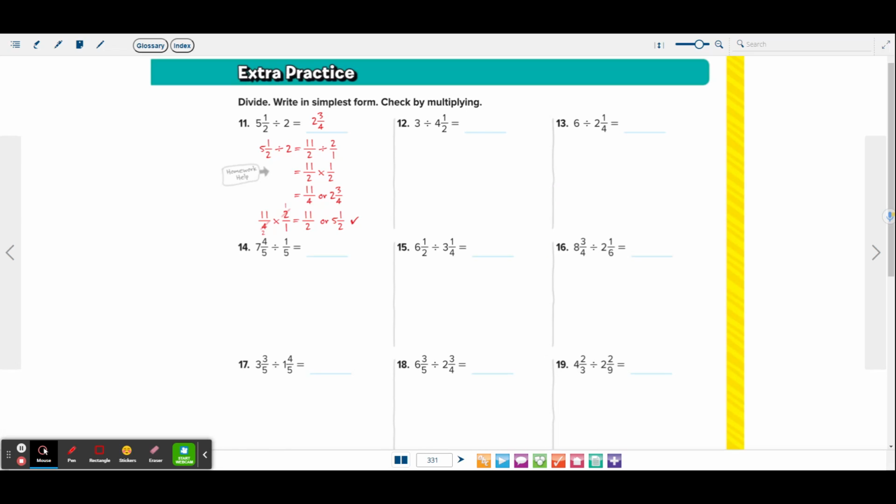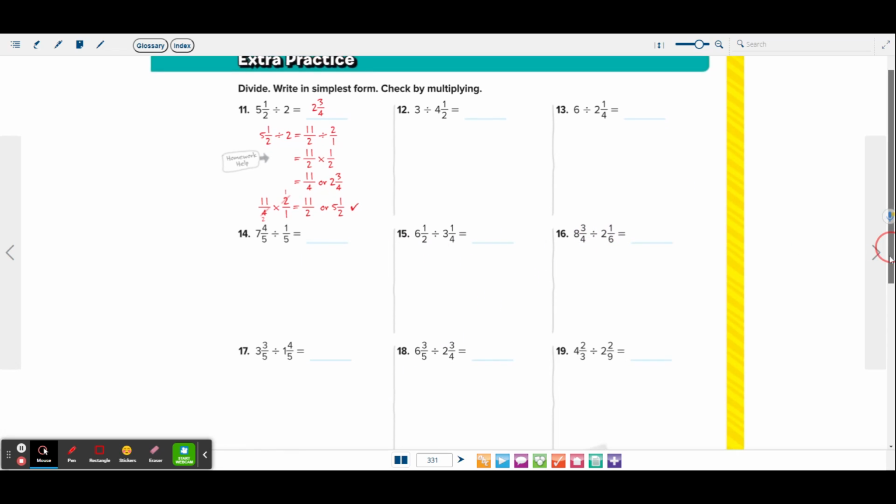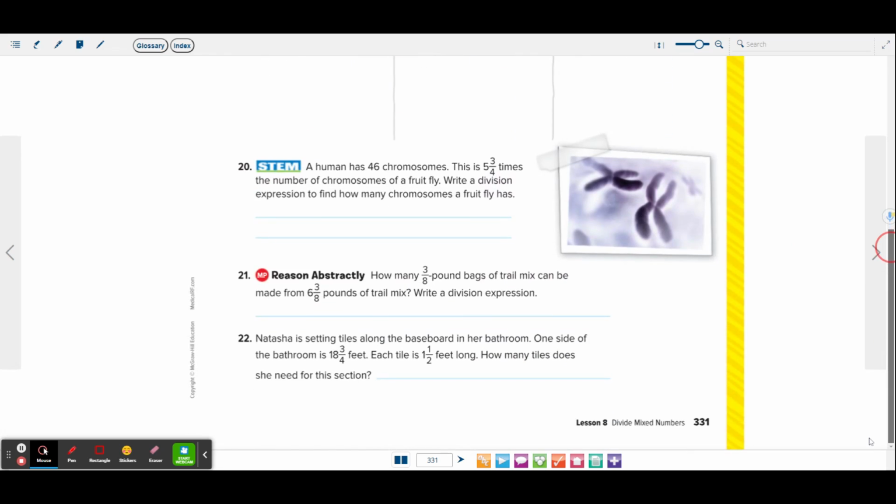If we need more copies of that, make sure to let Miss Westbrook know that we're running out, and she'll get you some. Okay. But you need to make sure you're showing your work just like I did. I don't just want the answers. I want you to work it out. Okay. And we're doing down to number 22. Just do the whole page. And that will be due tomorrow.